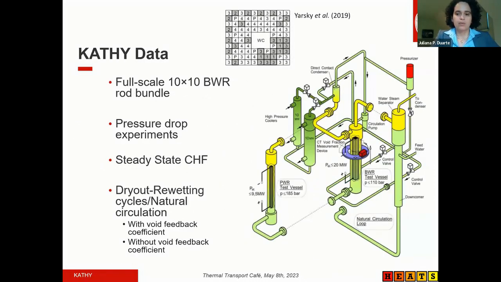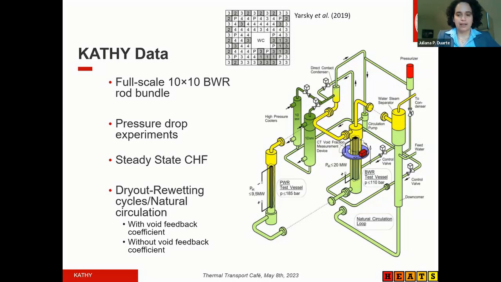So the data was collected at the KATHY facility in Germany, back in 2016 and 17, and there were several sets of data that they collected, and we analyzed it here at Wisconsin, at Virginia Tech, and the University of Illinois.